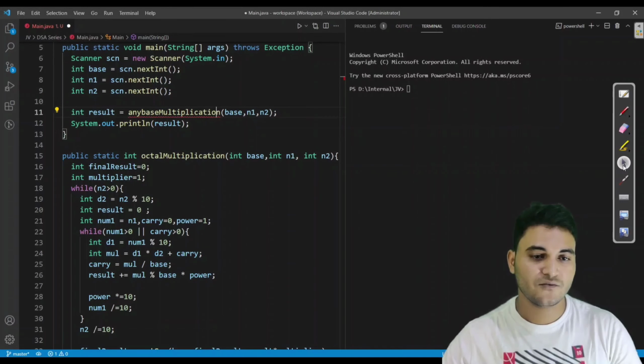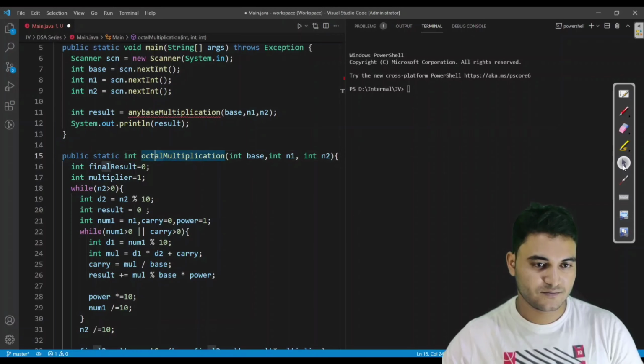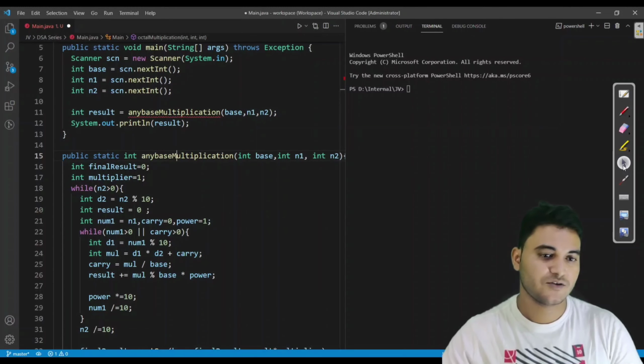So we have been passing base, n1 and n2. Fine, so this is correct. Here also we are receiving a base. I have already modified the code, but I will explain it to you. I have to change the name also here, to n base multiplication.